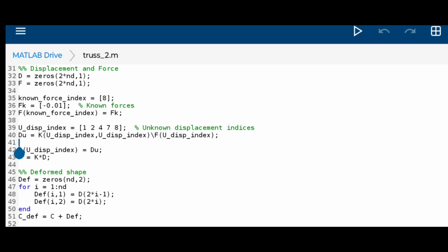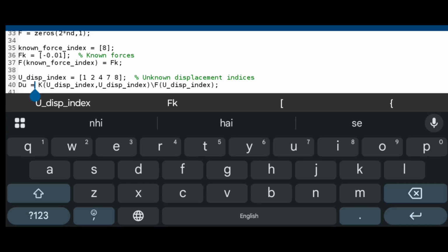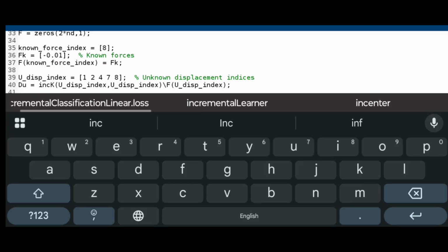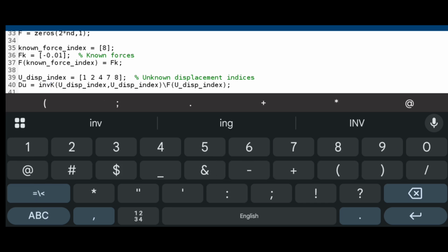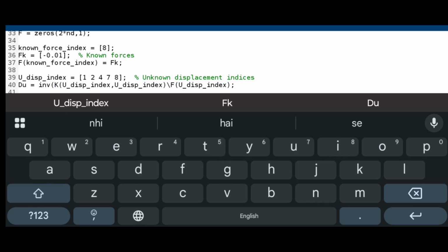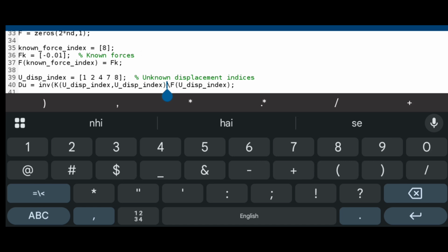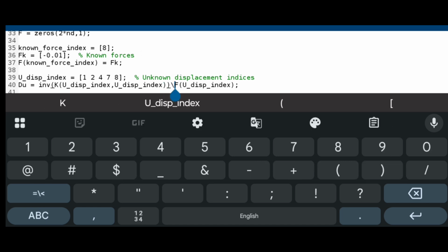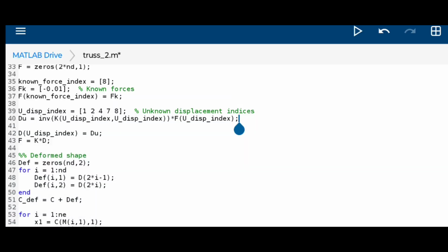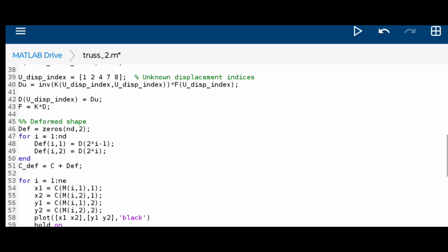So we just have to use this k inverse function, the inverse of this k, and this will be multiplied. Okay, now it is good to go. So this will give us the displacement.